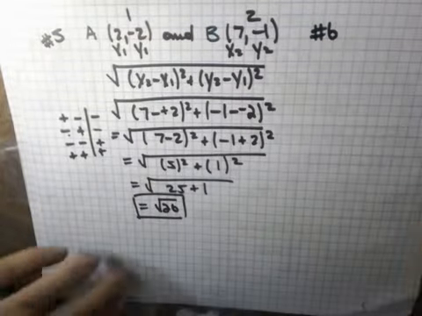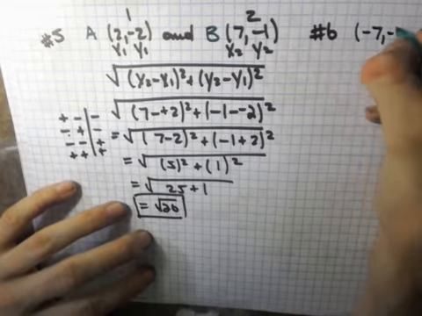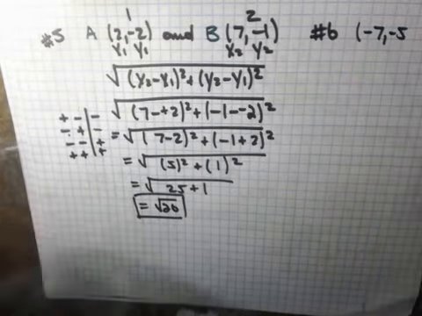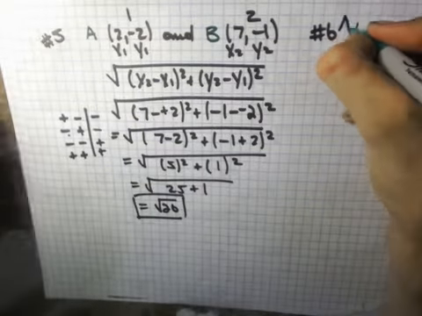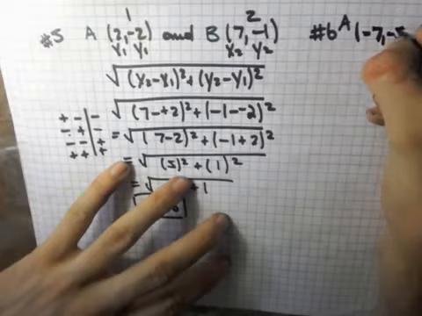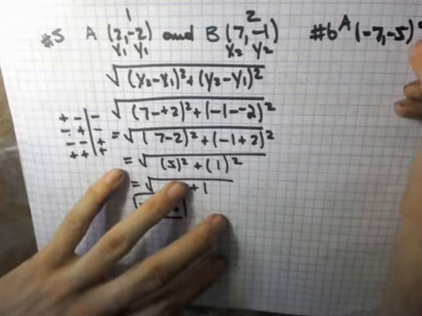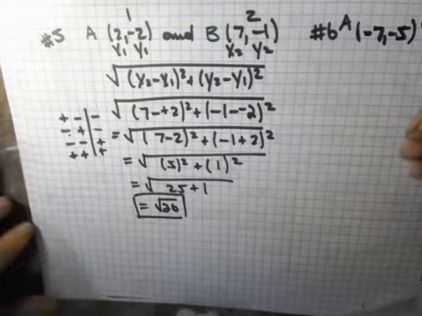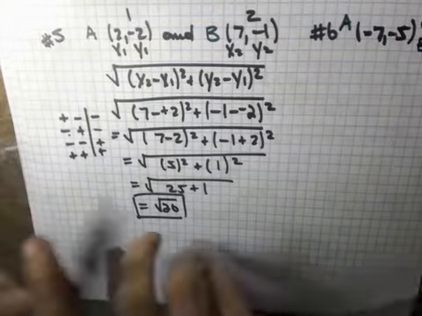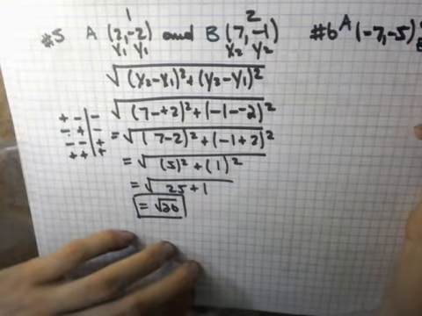Okay, we have a -7, -5. I had -7, -5, and then let's say I had -1, -1.